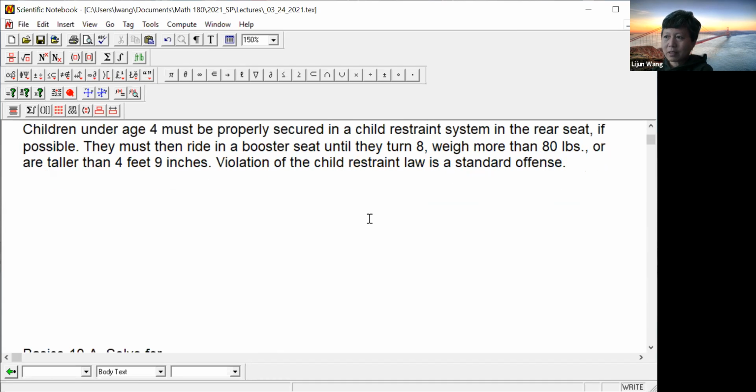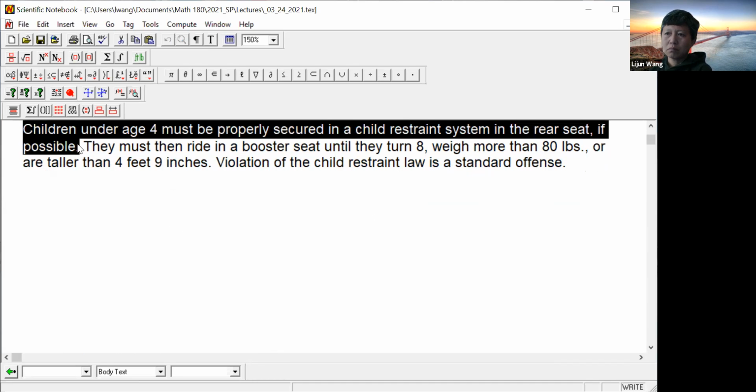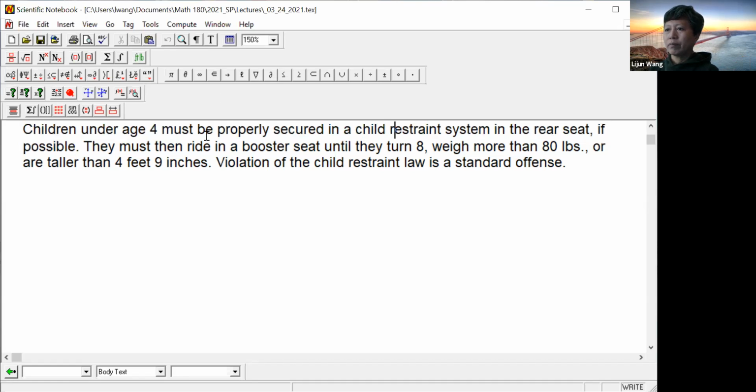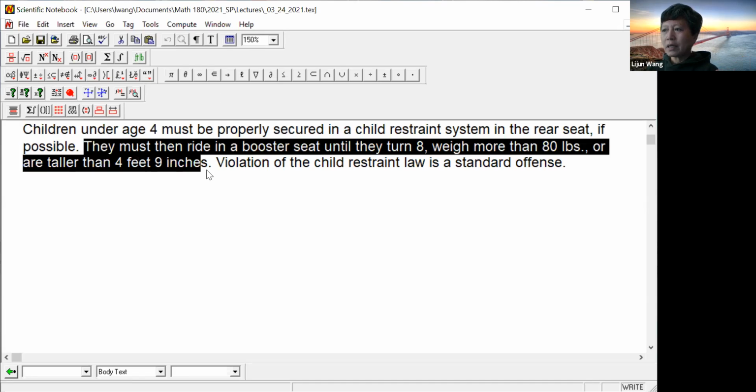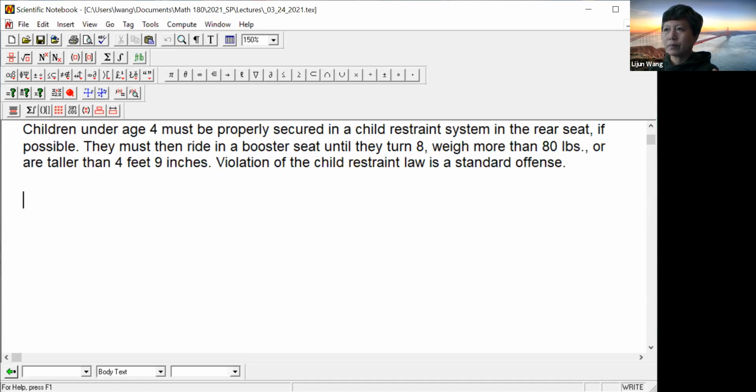So now let's have a discussion about this. The first sentence, there's no argument, right? The child is under the age of 4, you have to be in a car seat or some kind of restraint. Let's look at the second piece.